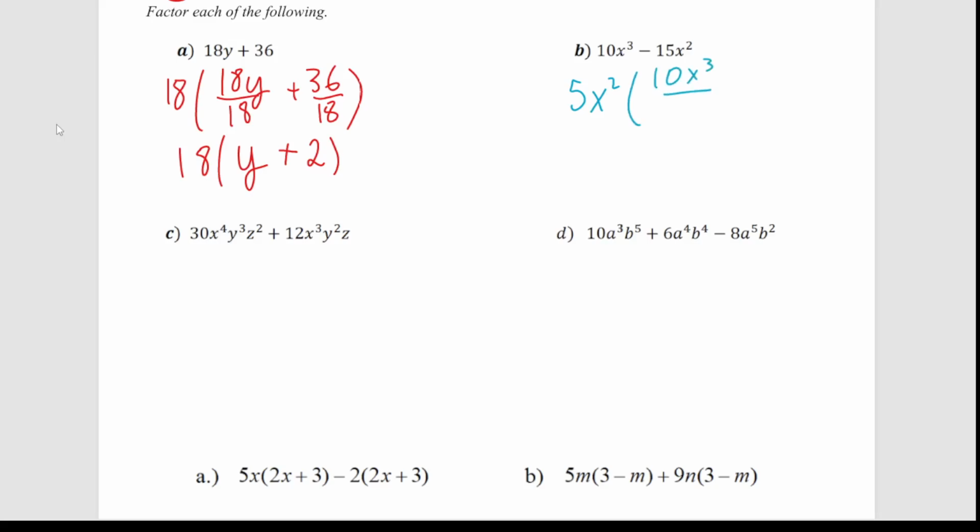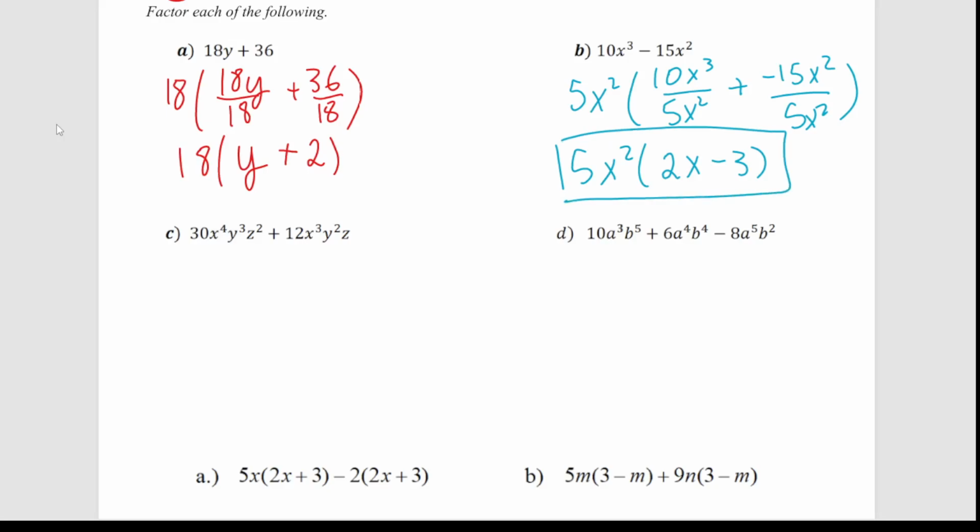And then I will divide both of those by that term I just came up with. 10x cubed divided by 5x squared will leave me with 2x. Negative 15x squared divided by 5x squared leaves me with negative 3. And I know that I will do it right because between 2x and negative 3, their only greatest common factor is 1. So I know it cannot be divided any further.